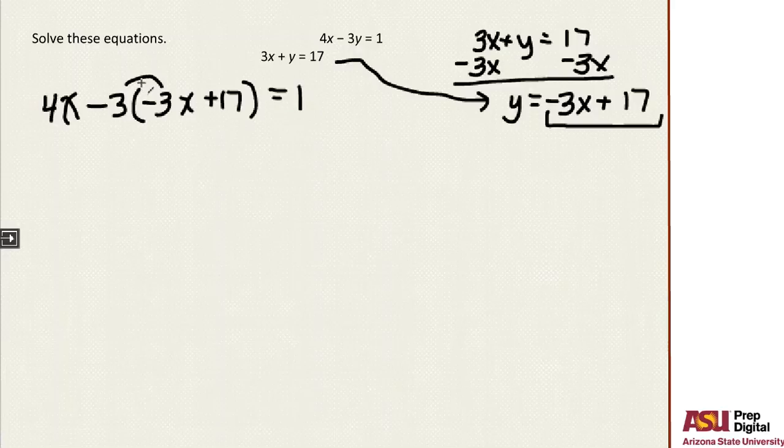I'm going to go ahead and simplify through distributing. So 4x plus 9x, because we have a negative 3 times a negative 3 right here.